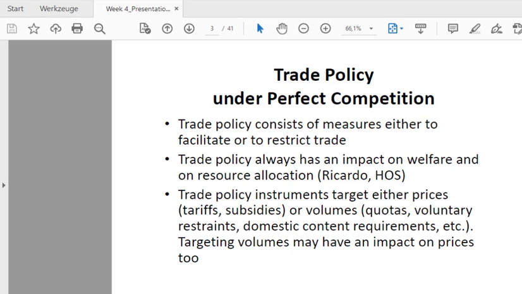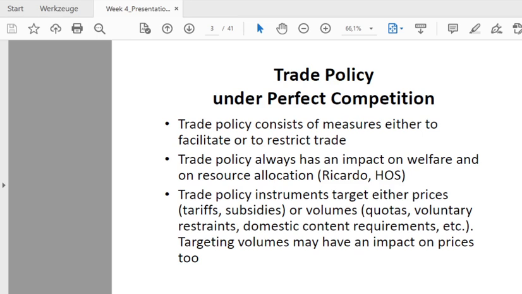You have to have a lot of infrastructure, you have to have transport, administrative infrastructure, you have to have banks to finance trade, you have to have a lot of preconditions for trade to happen. That is why there are important measures of trade policy that contribute to make trade possible, to facilitate trade.